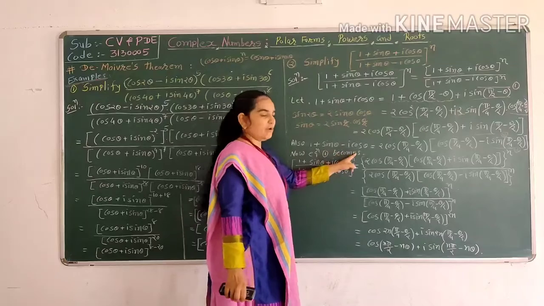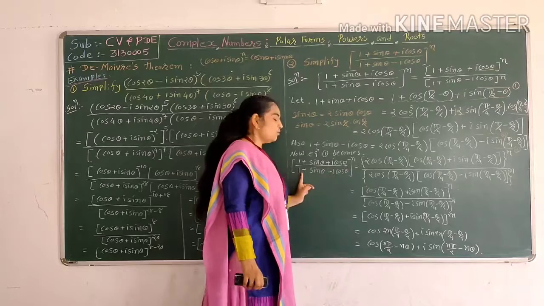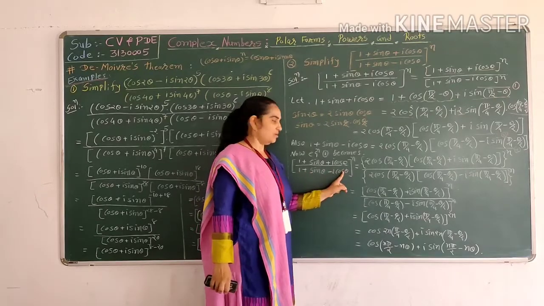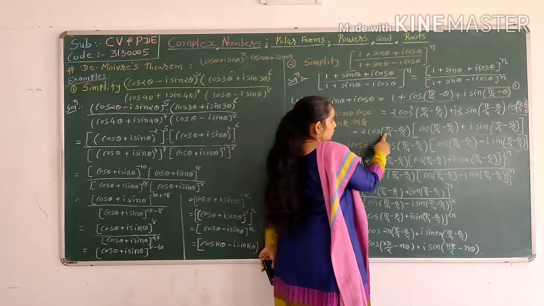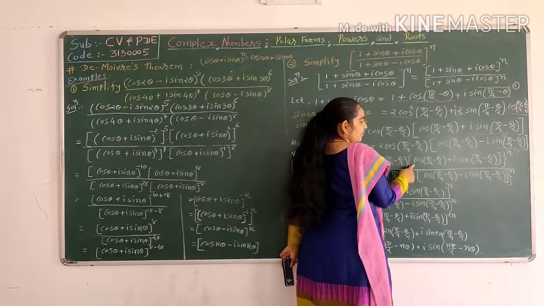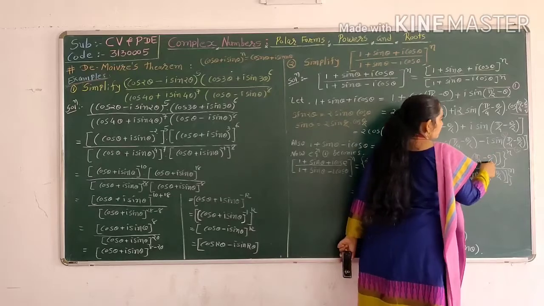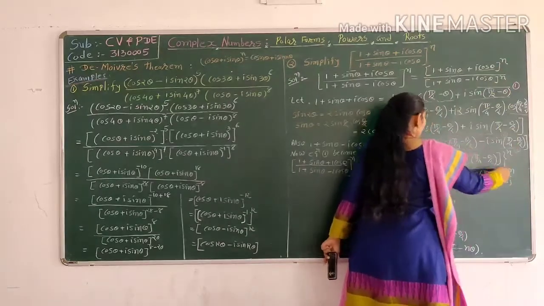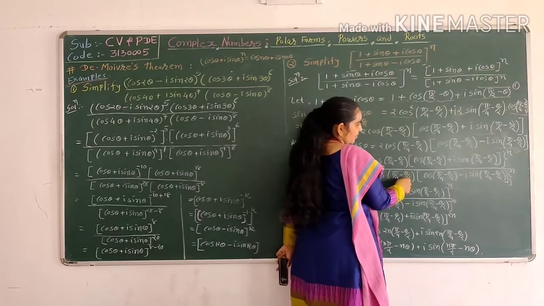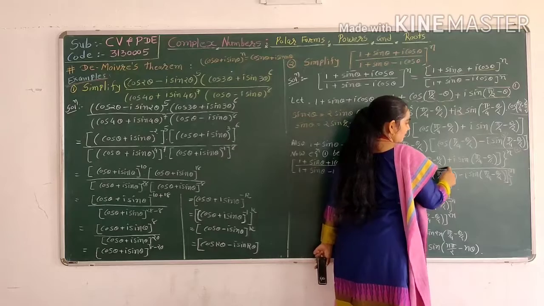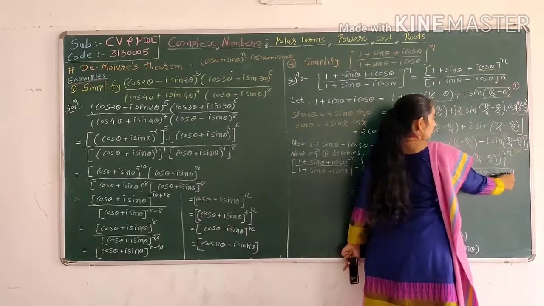Therefore equation 1 becomes (1 plus sin theta plus i cos theta) divided by (1 plus sin theta minus i cos theta) whole raised to n is equal to, we first put this value: 2 cos(pi by 4 minus theta by 2) in the bracket cos(pi by 4 minus theta by 2) plus i sin(pi by 4 minus theta by 2) whole raised to n, divided by, now we put this value: 2 cos(pi by 4 minus theta by 2) into bracket cos(pi by 4 minus theta by 2) minus i sin(pi by 4 minus theta by 2) whole raised to n.